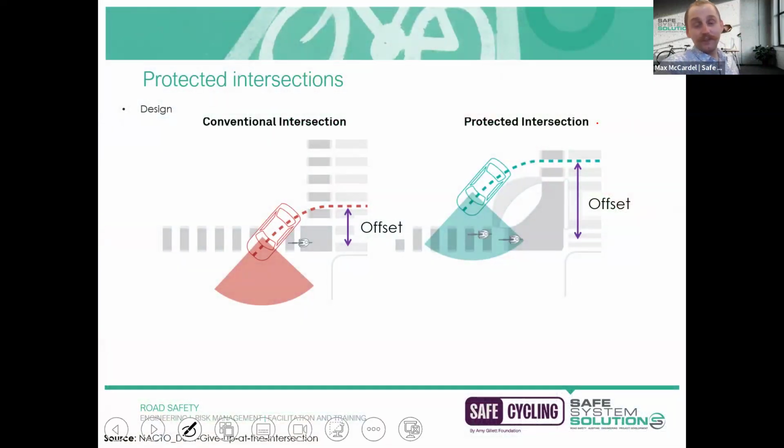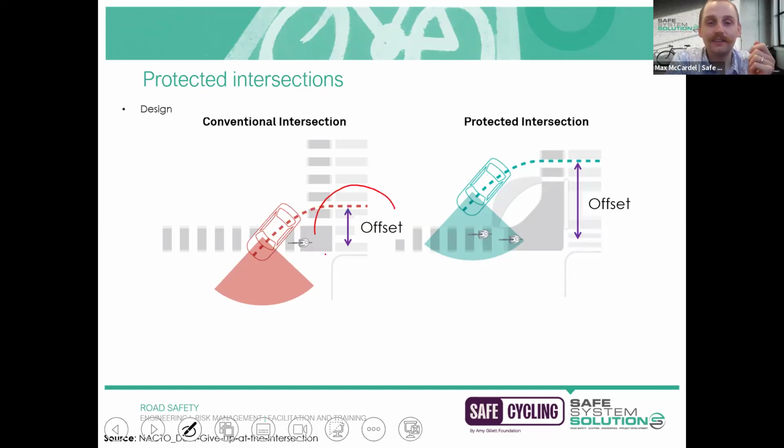So within a conventional intersection, the way that the majority of our network looks is we would have the bicycle lane or the bicycle facility directly adjacent to the left turn traffic lane. And what this actually means is we've got a small offset.